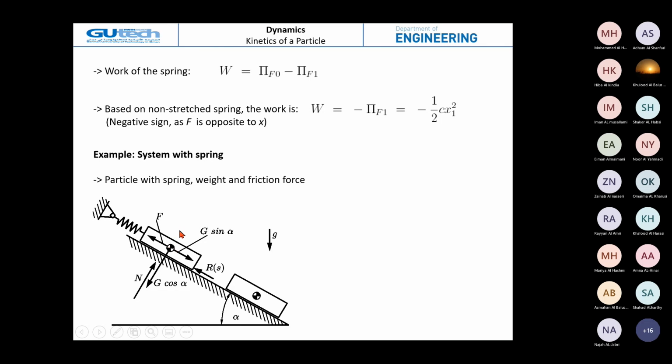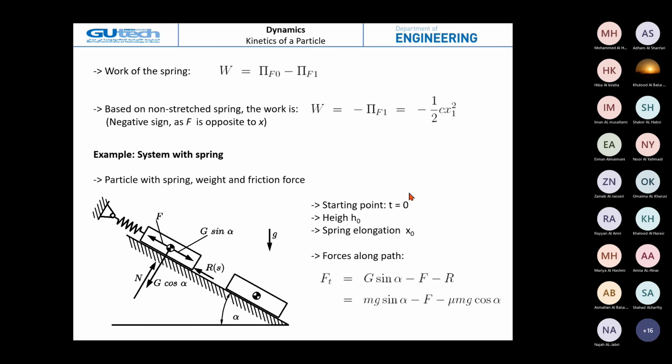We have the projection of the weight, G, which is mg, the mass multiplied by the gravitational acceleration noted by capital letter G. Then mg has two components, G cosine alpha in the vertical direction and G sine alpha in the horizontal direction. The friction is opposite to the motion.